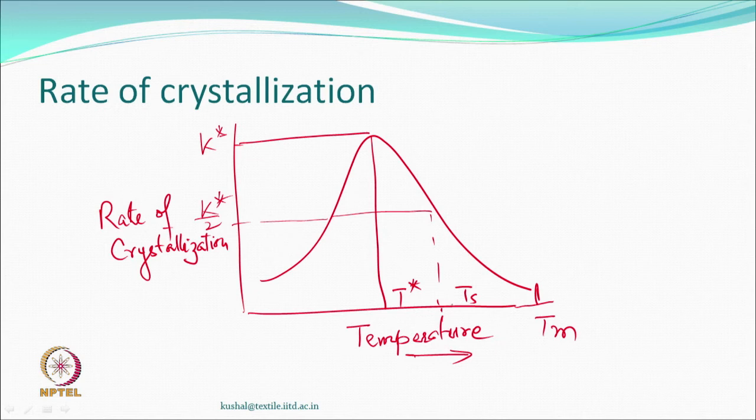We may not go even to this point, because there may be some adhesion, fusing of fibers. There is no point going up to this temperature. Somewhere around this temperature is the optimum setting temperature where the rate of crystallization will be high. So, you go up to this temperature, hold it for a certain time and then cool it, so that it comes back to room temperature.